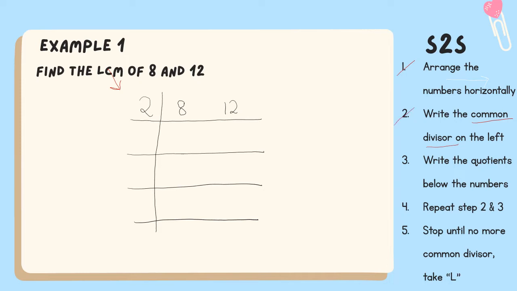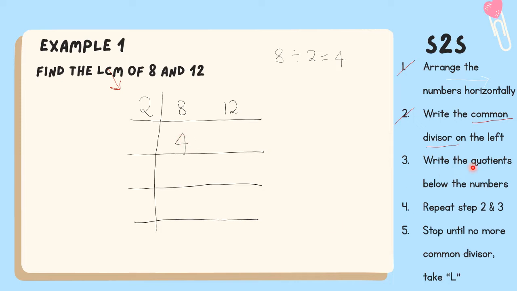Now, this is where the division comes in, and this is where you really need your multiplication skills on the grip. So, we will start dividing. What is 8 divided by 2? Let me just write it down here. 8 divided by 2 is 4. So you're going to write down 4 here. So this is what it means by quotient.